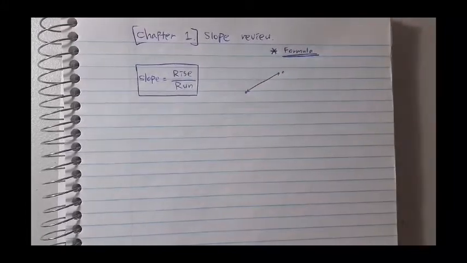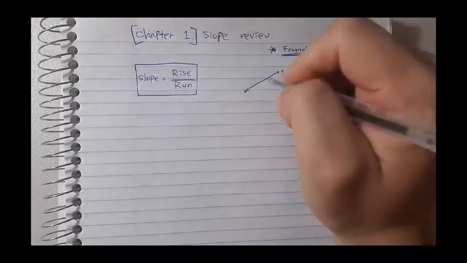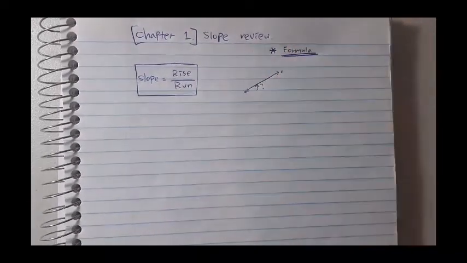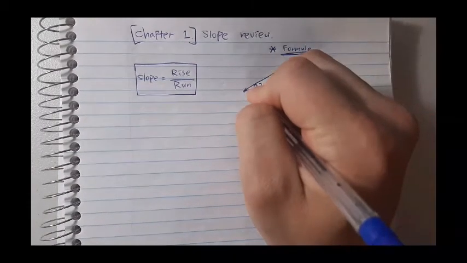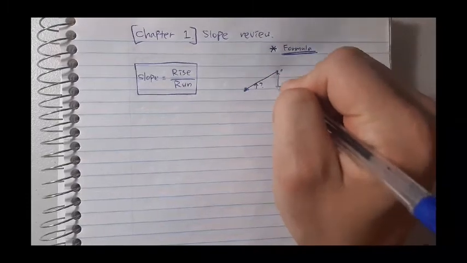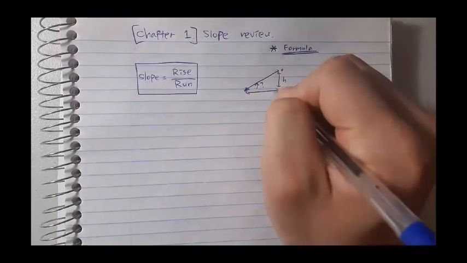Let me point some things out. For example, I have a line going from a lower coordinate to a higher coordinate. Slope talks about how much it is elevated. This is one of the reasons why slope doesn't have any type of unit too. Whatever the run is in meters, the rise should be in meters so that those units disappear.